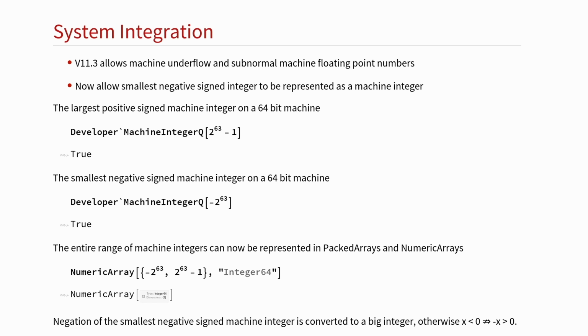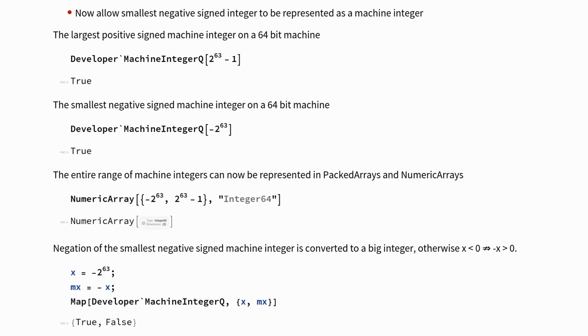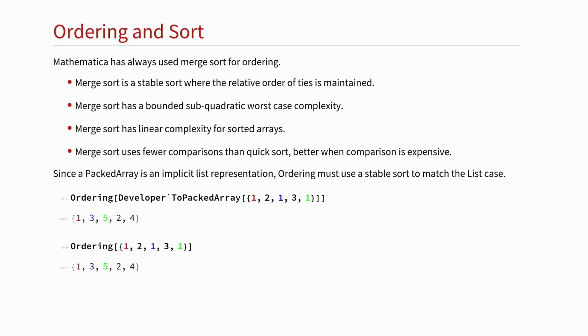So if you negate this number in Mathematica, instead of being a machine integer, it will be a big integer, so that we can continue to support predicates and things like that. But it does mean that we can read and write arrays of machine numbers of specific types, Integer64, Integer32, etc., without any additional checks. So that's just showing you that if I negate this number, it was a machine number, but the positive version is not a machine number.